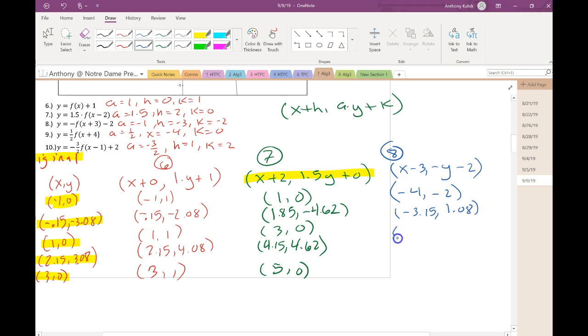If I plug 1, 0 in, I have 1 minus 3, that's going to give me negative 2, negative 0 minus 2, which is just negative 2. If I plug the 2.15, 3.08 in, 2.15 minus 3 is negative 0.85. And 3.08 negative is negative 3.08 minus 2 more is negative 5.08. And then similarly I have 3 minus 3 and then 0 minus 2. Everybody okay there?